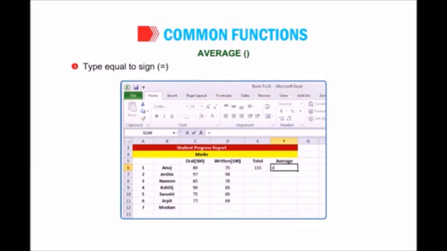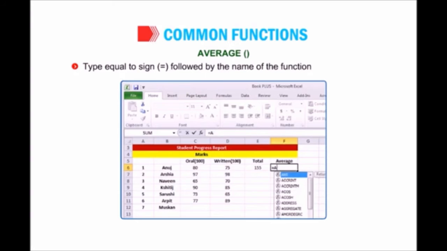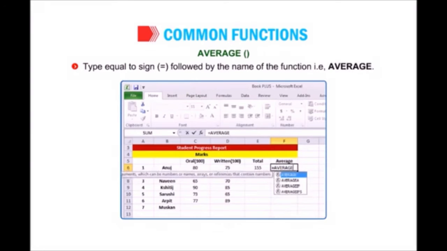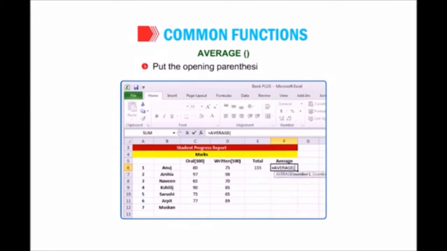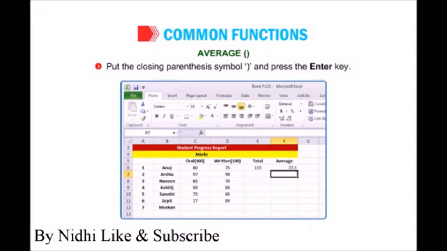Type equal to sign followed by the name of the function, that is AVERAGE. Put the opening parenthesis symbol. Select the cells C6 through D6 to define the range of the cells. Put the closing parenthesis symbol and press the Enter key. The cell F6 will display the average of marks obtained by Anuj.